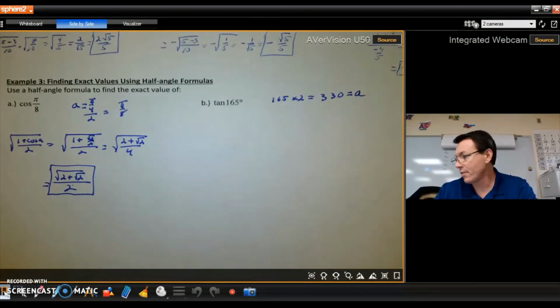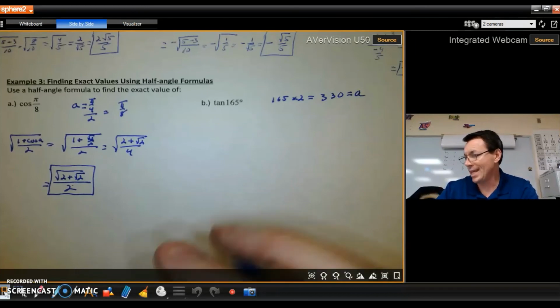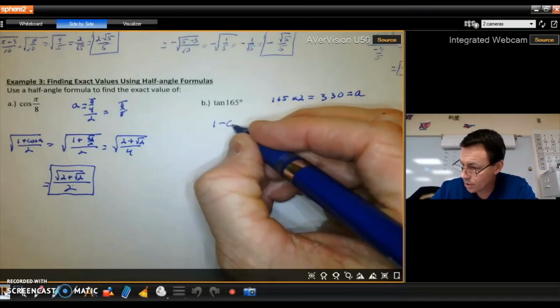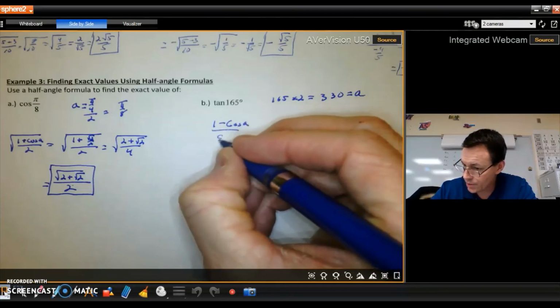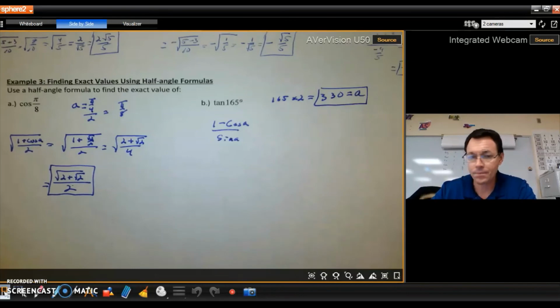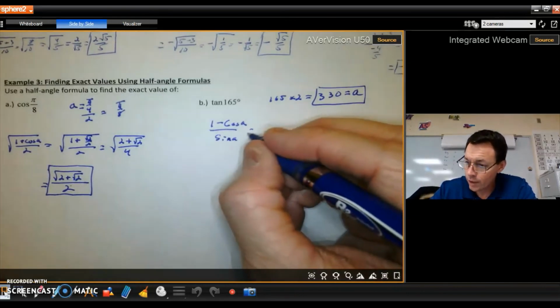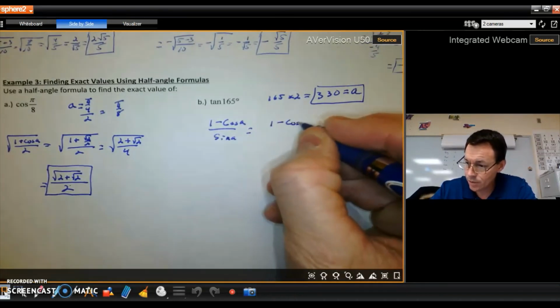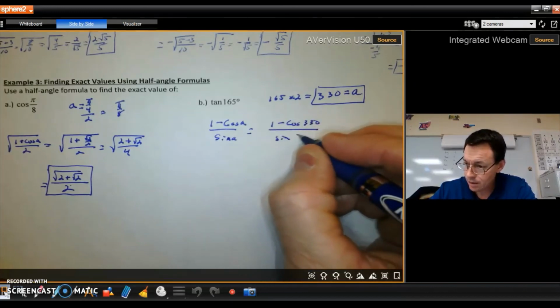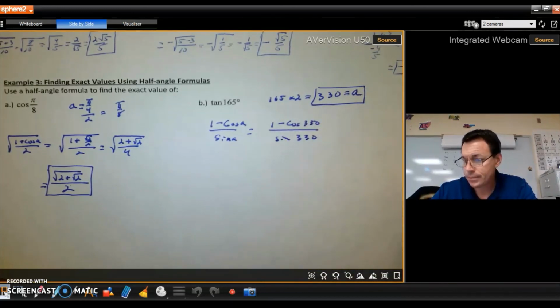So what's the half angle formula for tangent? The one that I like is 1 minus the cosine of alpha over the sine of alpha, where this is our alpha. We're going to do 1 minus the cosine of 330 divided by the sine of 330.